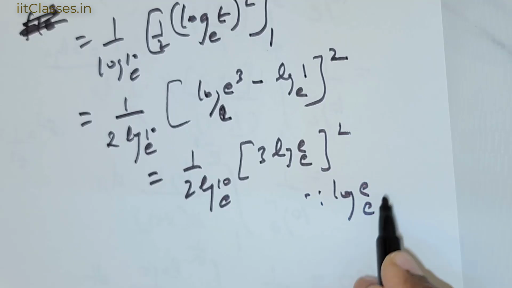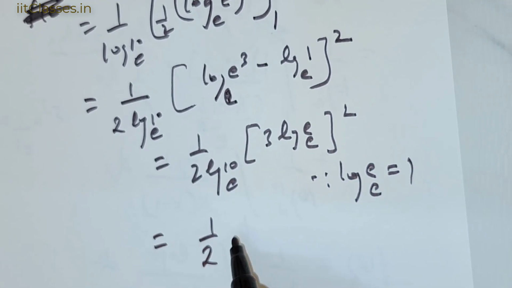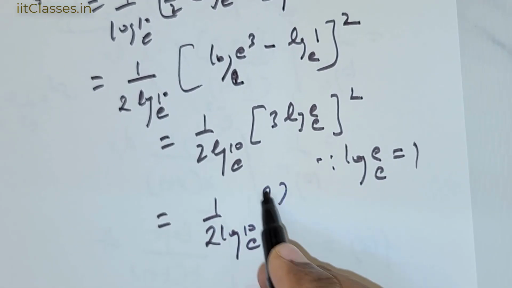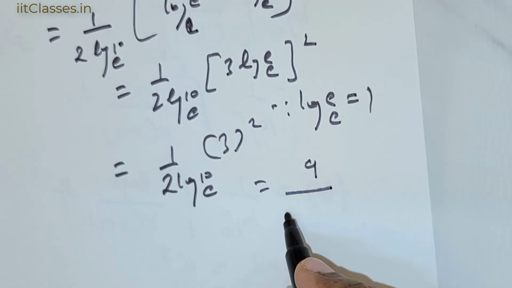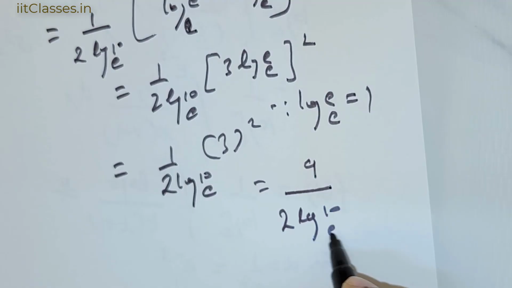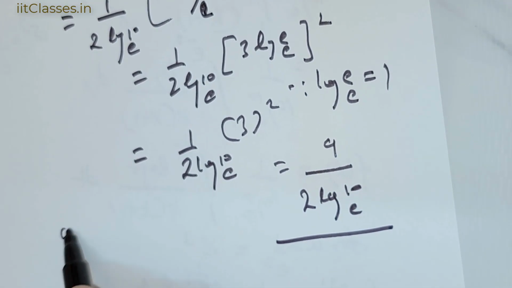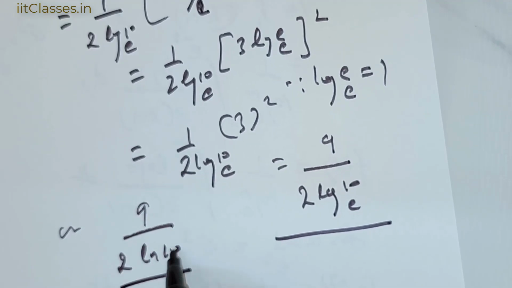But log e to the base e is equal to 1, so you have 1 over 2 times log 10 to the base e times 3 squared, which is equal to 9 over 2 times log 10 to the base e. So this is the final solution. You can either write it like this, or you can write it as 9 over 2 times log 10.